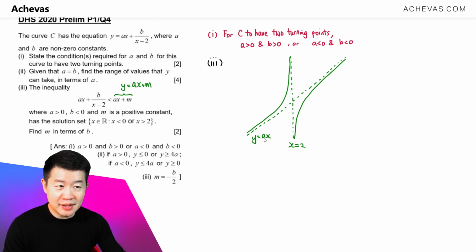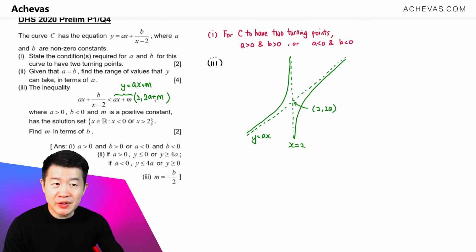Since a is the same as this a, I'll be expecting this line to be parallel to the oblique asymptote. And if I were to let x be equal to 2, substitute into here, I know for this particular point, it's going to be (2, 2a). So let me just indicate it here. This point is going to be (2, 2a). And if I were to sub 2 into here, we will have 2a plus m.